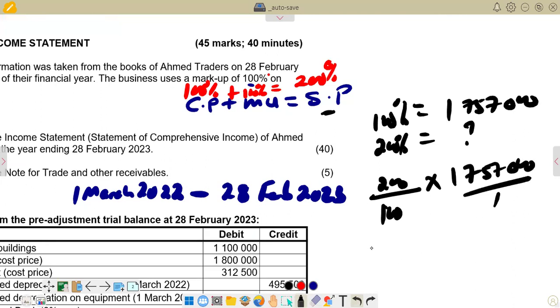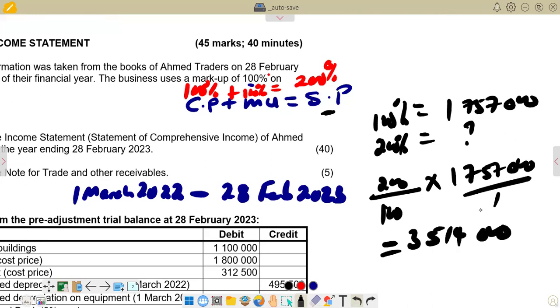If you calculate this on a calculator, you'd see that the figure that you're going to get is 3,514,000. As simple as that.